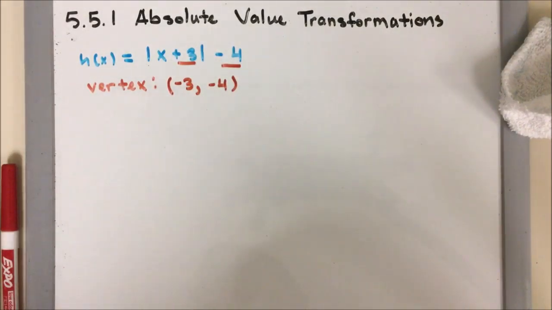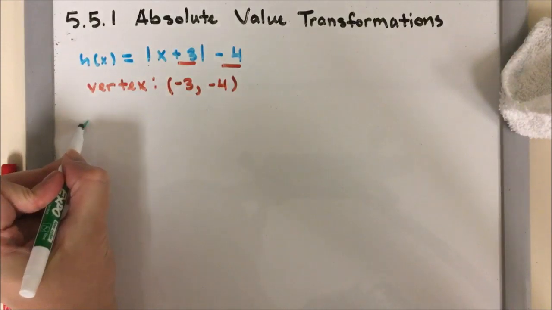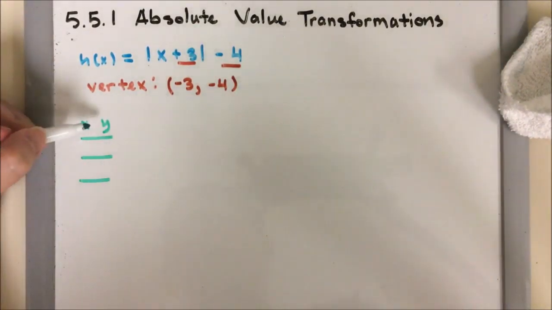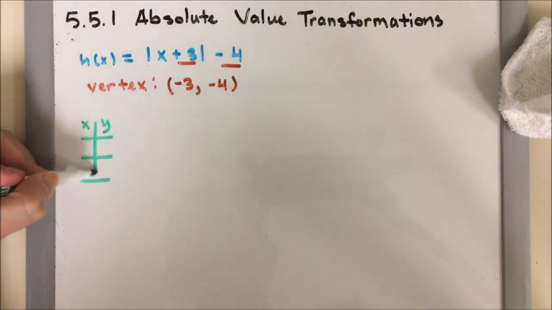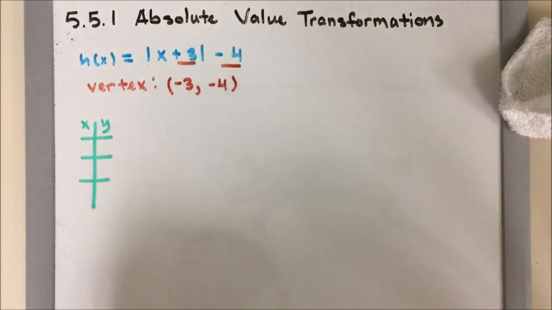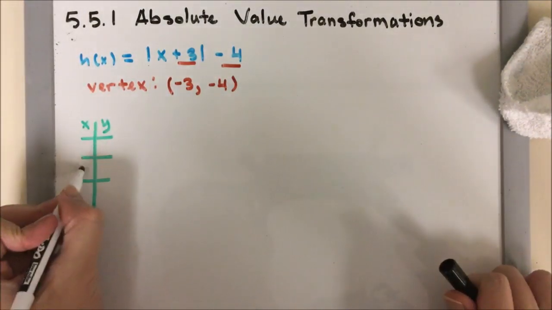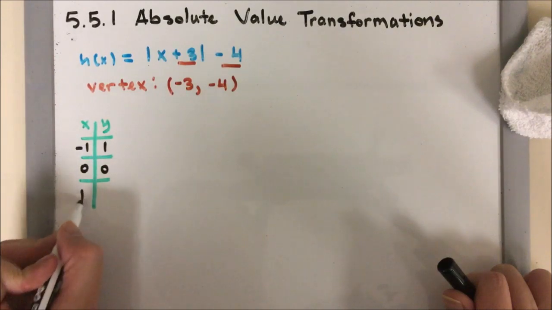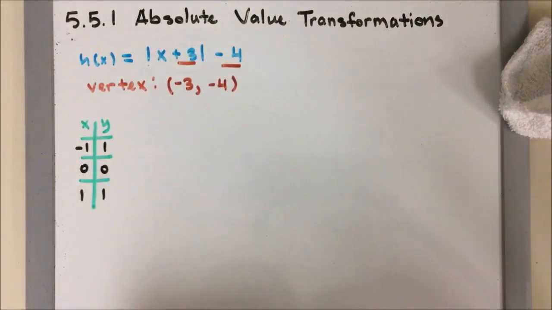Now, first I'm going to write the xy table from the parent function. I'm just writing this for comparison, that's it. Zero, 0, negative 1, positive 1, and then positive 1, and positive 1 again.